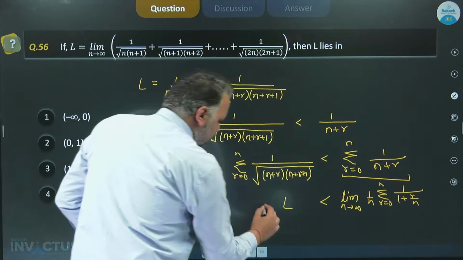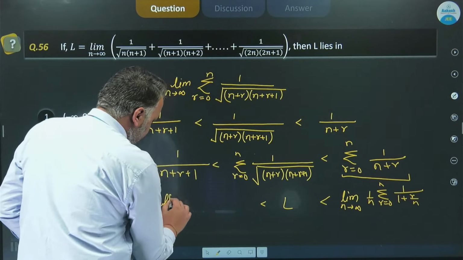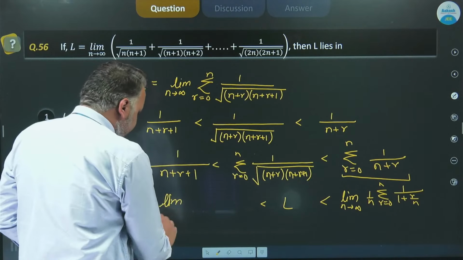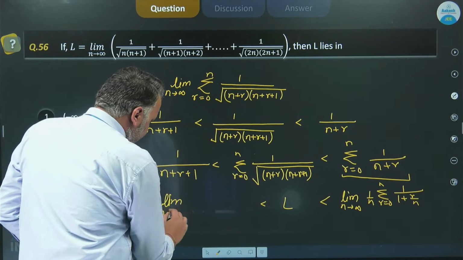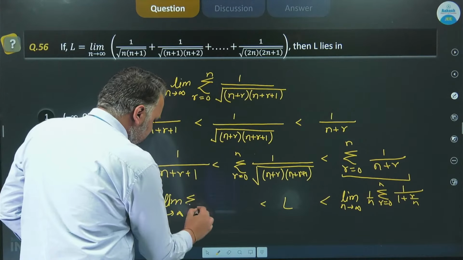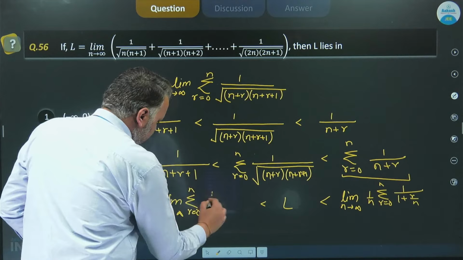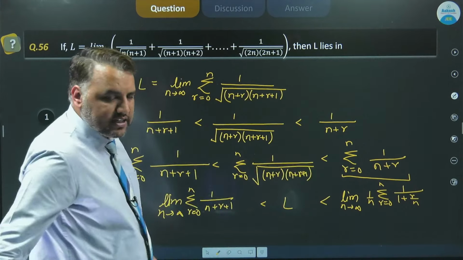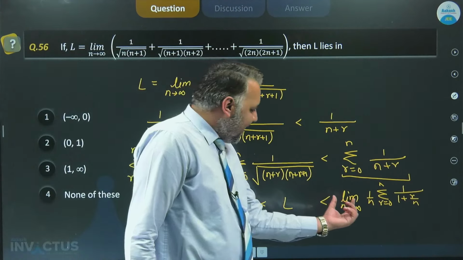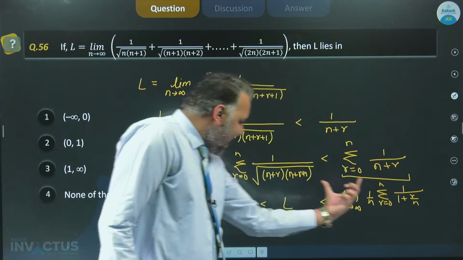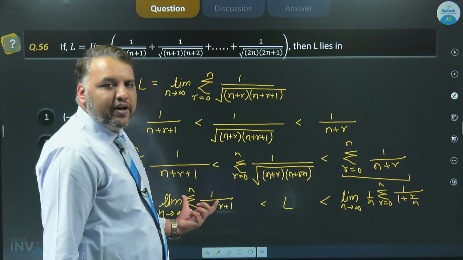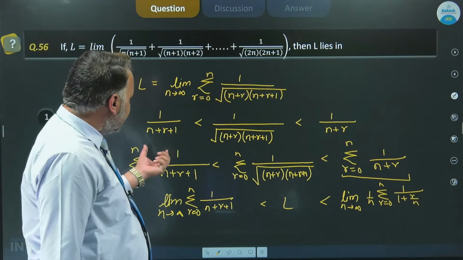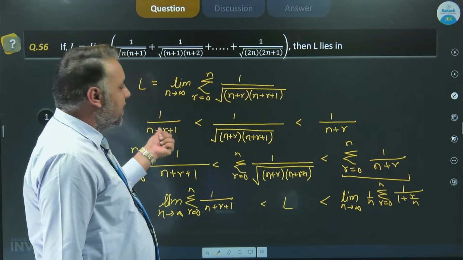So you can say that L, after applying limit n tending to infinity, actually lies between this and that expression. Now if you apply n tends to infinity, this and this will tend to the same value, because there is only a change of one term.